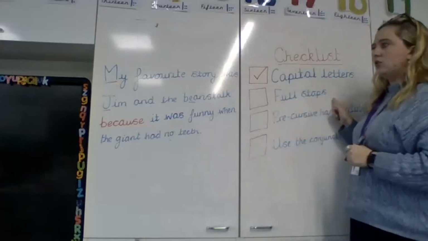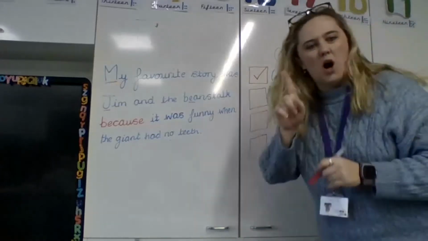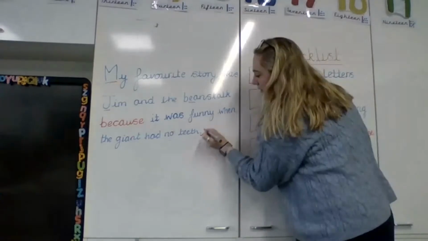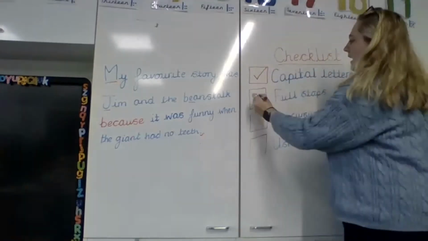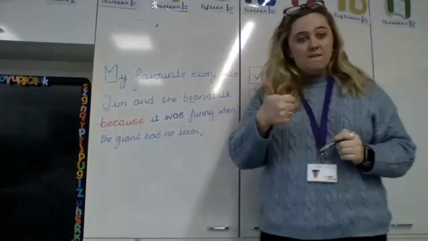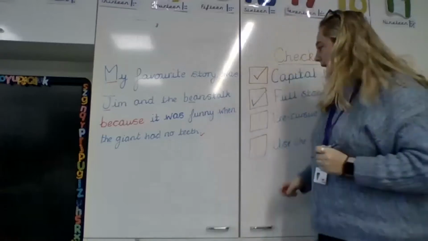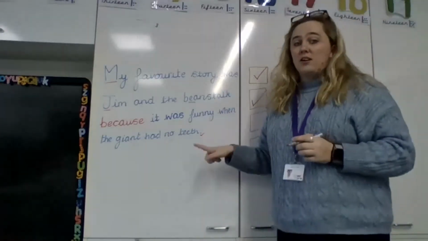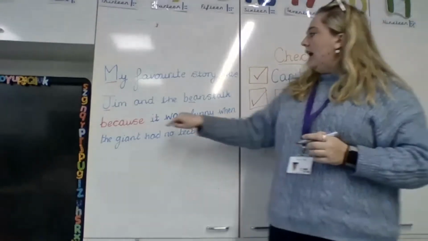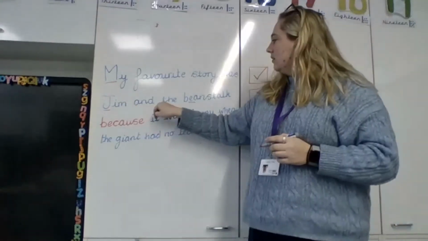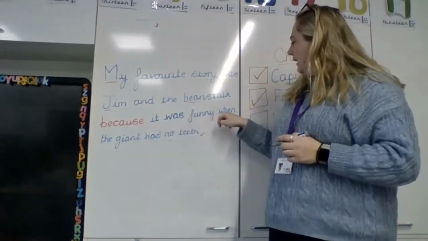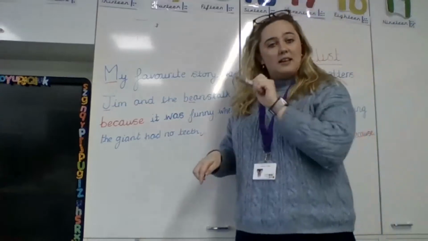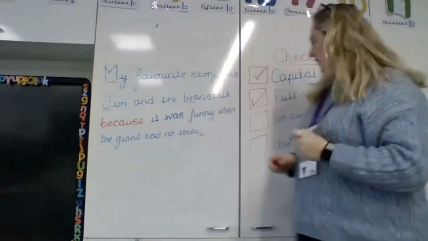Okay, what's next? Full stops. Oh, well, I only have one full stop, but I have it. So tick and tick. Full stops. Well done, Miss Walker. Now, pre-cursive handwriting. I tried my hardest with my handwriting. I have all the little tails, don't I, on all of my letters, all the lead-ins and lead-outs, and all of my letters are the right size.